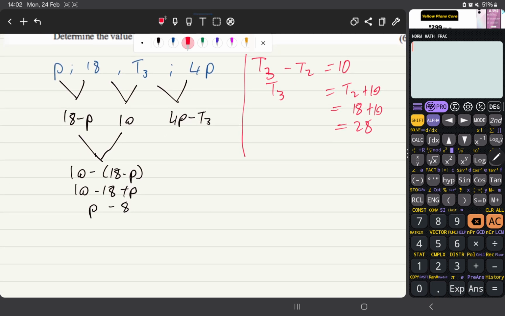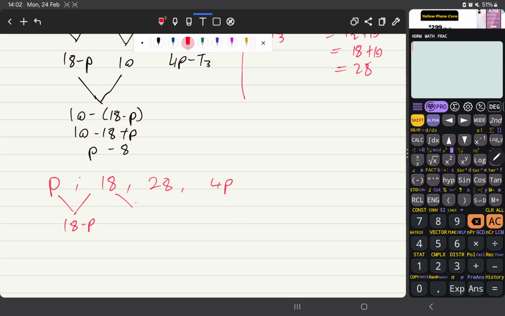So let me rewrite this whole thing down. I have P, I have 18, I have 28, I have 4P, right? Here I have 18 minus P, I have 10, I have 4P minus 28, and then I'm gonna have P minus 8.